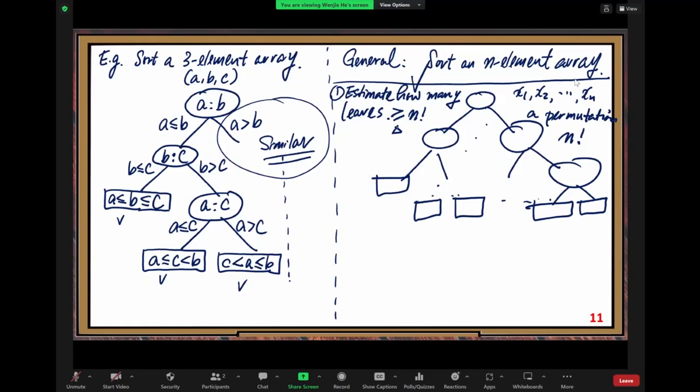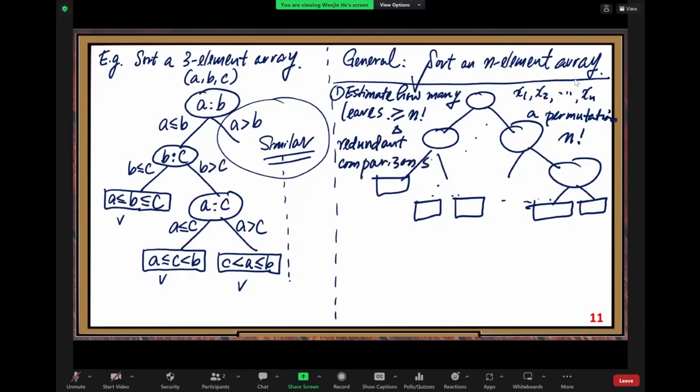If it's not optimal, that means this algorithm may do some redundant work, redundant comparisons. That's possible, right?